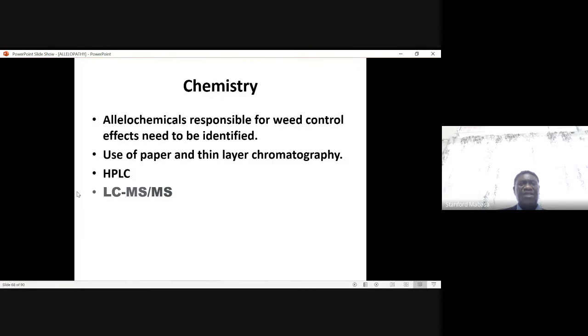And this was actually used after, this one. The one in the lab is Dr. Tibugari, who was extracting allelochemicals from sorghum. He had to use the LCMS for determining sorgoleone.